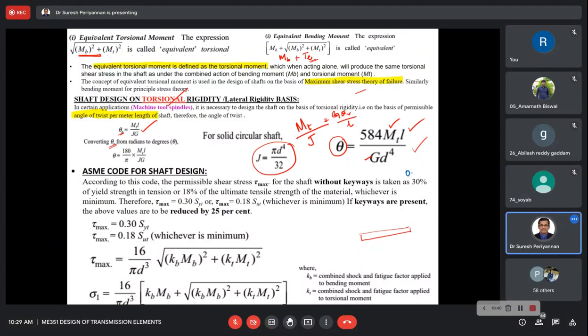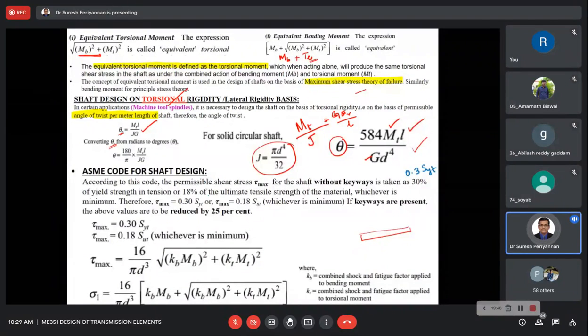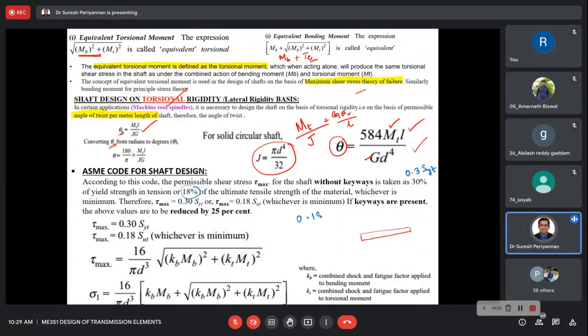That is, 0.3 SYT, yield strength, or 0.18 SUT. This is nothing but tau max.